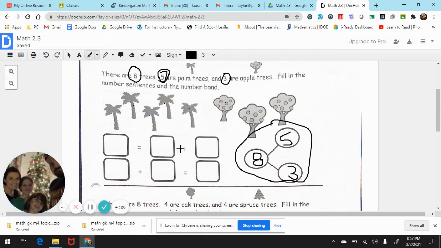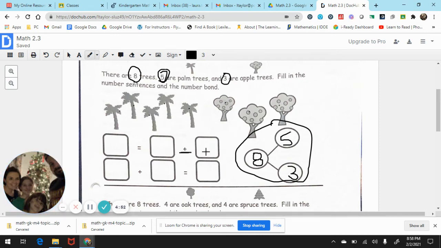Okay, so let's write this number sentence. I like to do the parts first because for me it's easier to figure out what the parts are. I just look for this addition sign because right now we're doing addition. So I look for the addition sign. When I find that sign, I look at the boxes beside it.